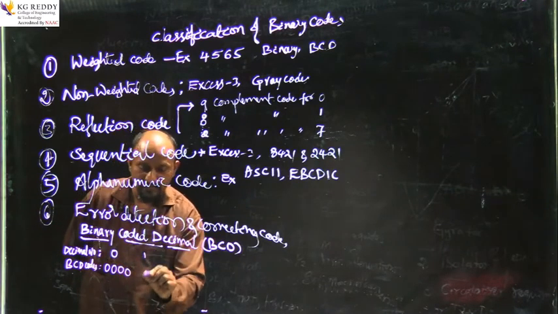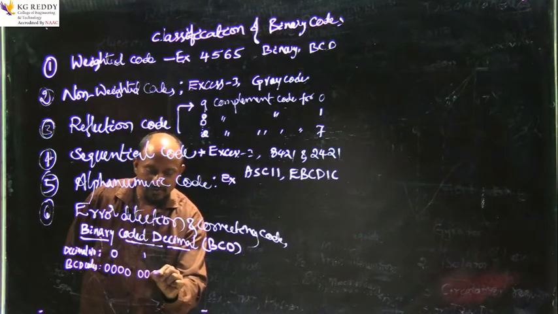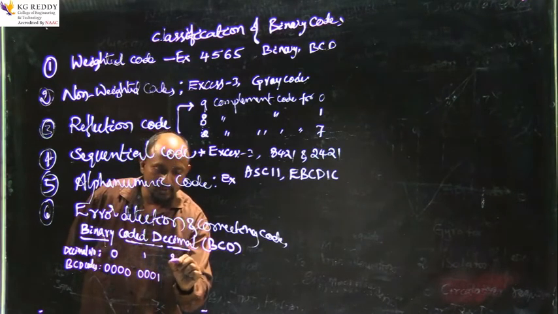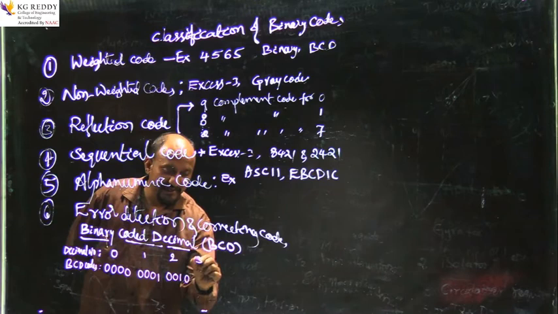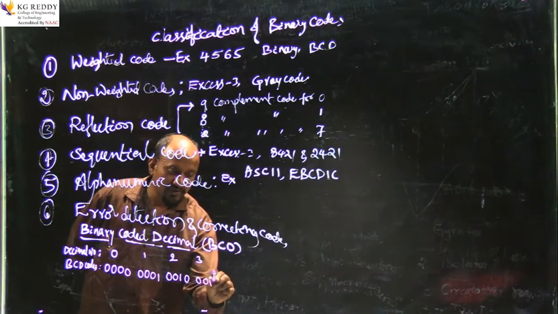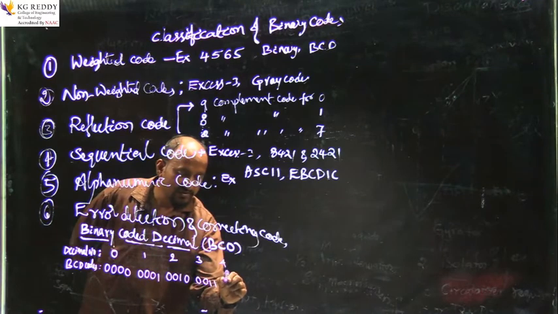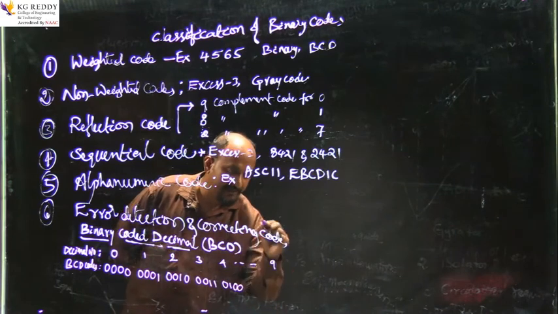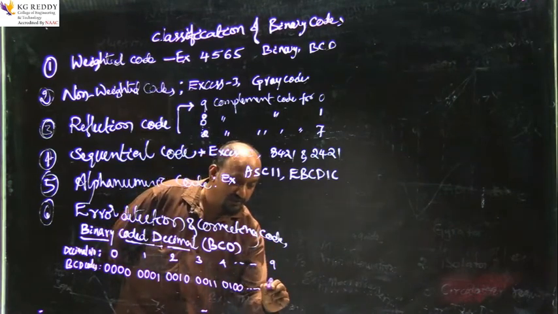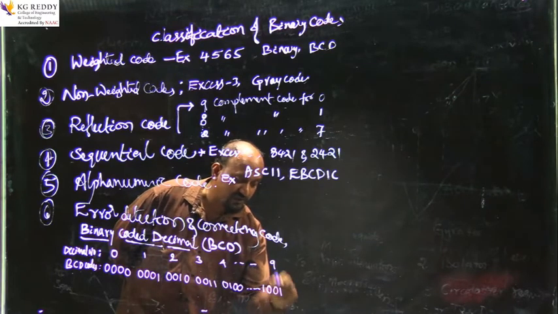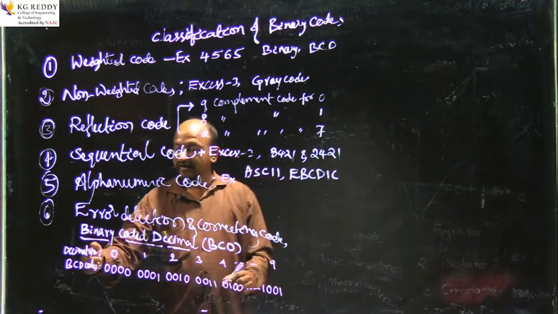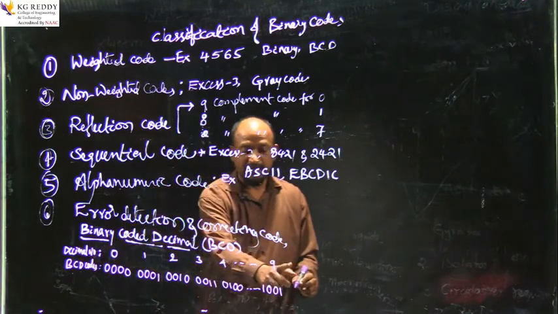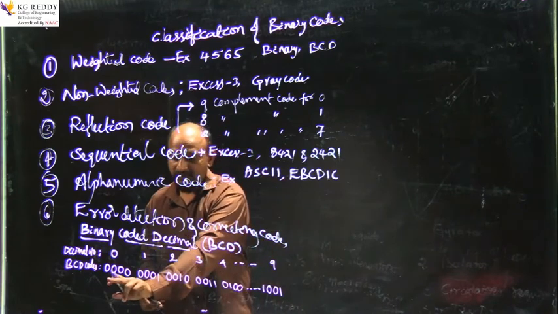Decimal 1 in BCD is 0, 0, 0, 1. Decimal 2 is 0, 0, 1, 0. Decimal 3 is 0, 0, 1, 1. Decimal 4 is 0, 1, 0, 0, and so on. Decimal 9 is 1, 0, 0, 1. These are the decimal numbers from 0 to 9 and the BCD codes from 0 to 9.